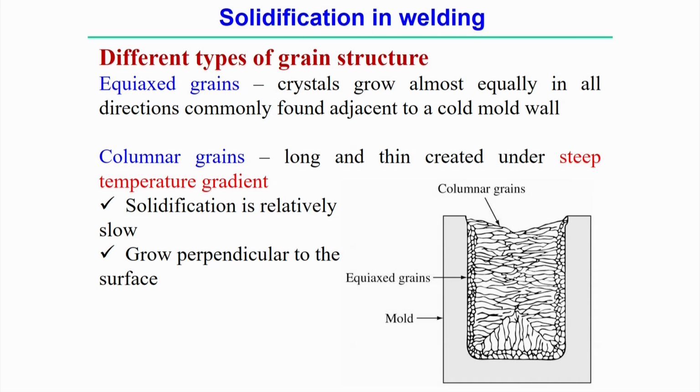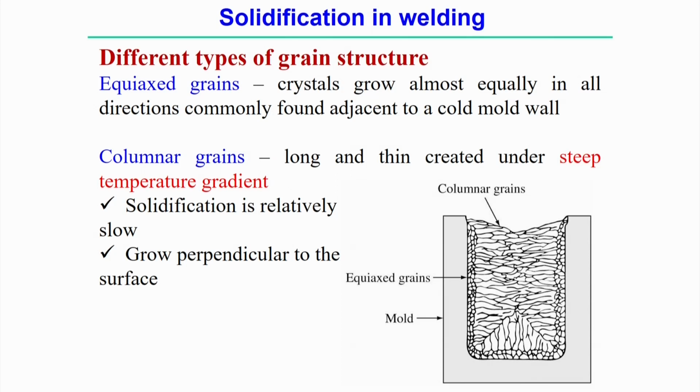So, along the surface we can find grains of almost equal size. The crystal grows almost equally in all directions, and this is commonly found adjacent to the cold metal wall. So, around the cold wall there is a formation of the equiaxed grain structure.